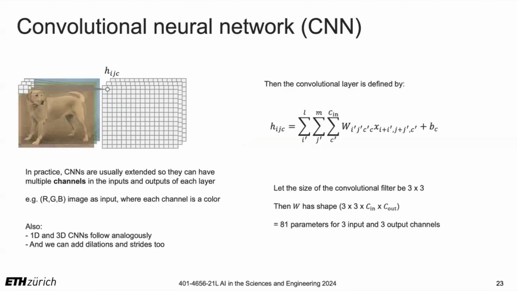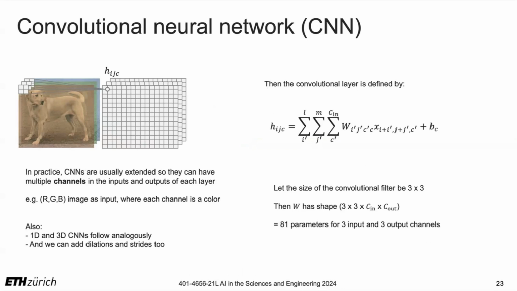So in practice, we usually extend CNNs to have multiple input channels and multiple output channels. For example, the image of the dog usually has a red, green, and blue channel to it. And we can do the same with each layer of the convolutional network as well. It can have multiple channels.